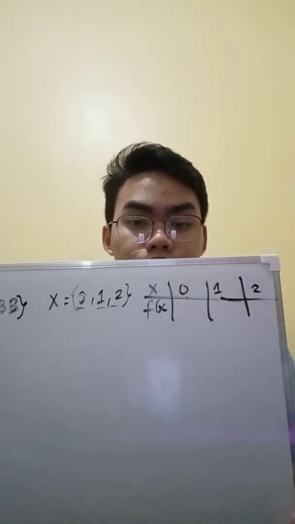Let us now find the probability distribution for the random variable X. Let us create the table, with 0, 1, and 2.